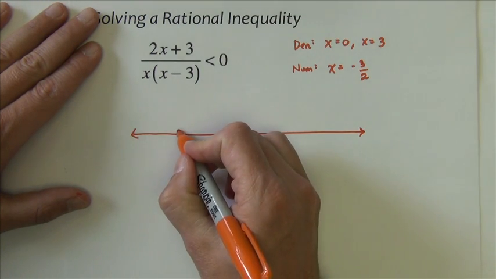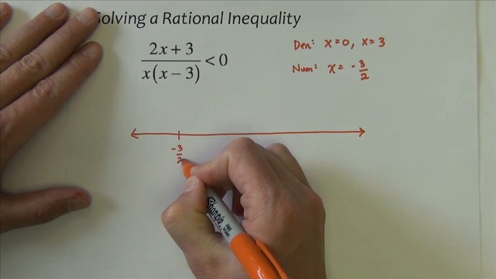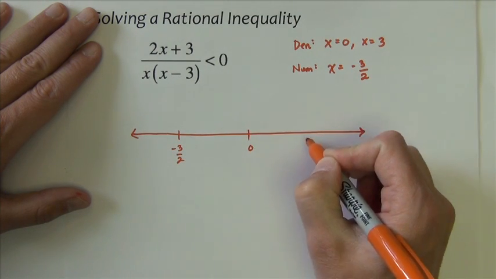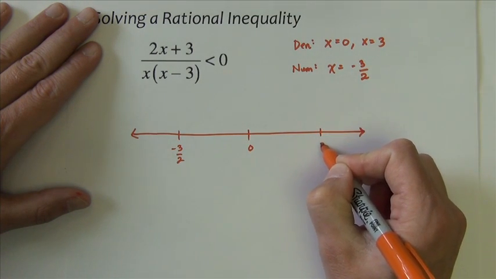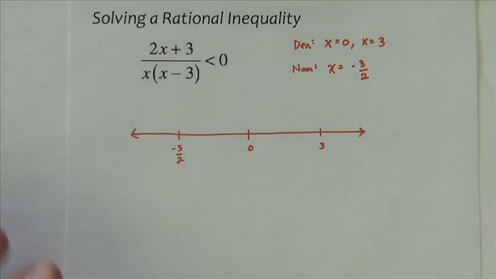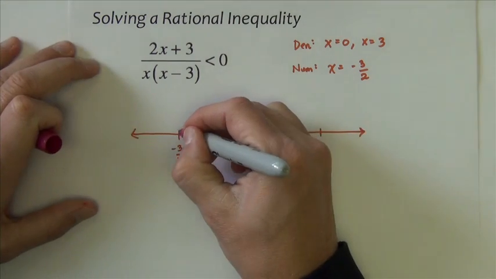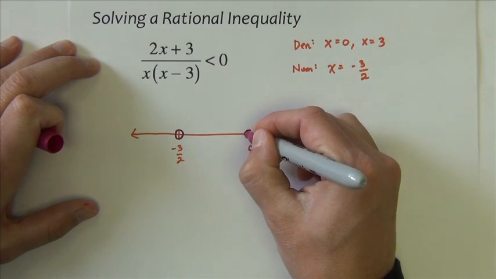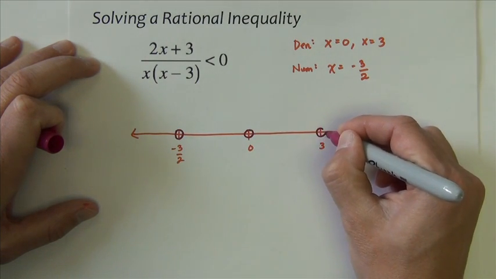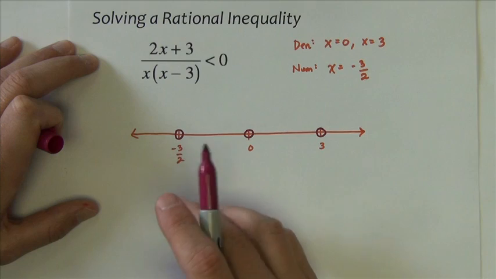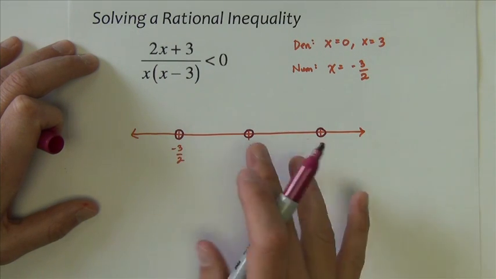The smallest one is negative 3/2, then comes 0, then comes 3. Notice that the inequality itself does not have an equal to, so all these are going to be open circles. Now I'm just going to do some numerical testing.